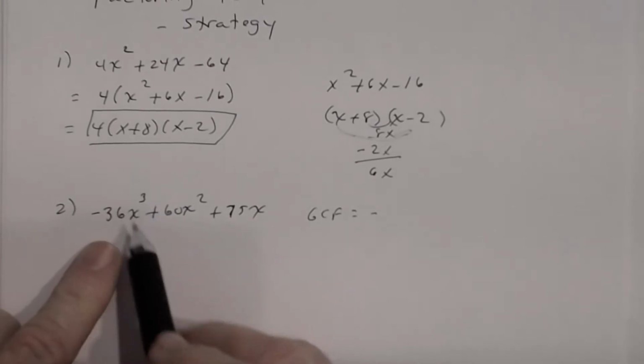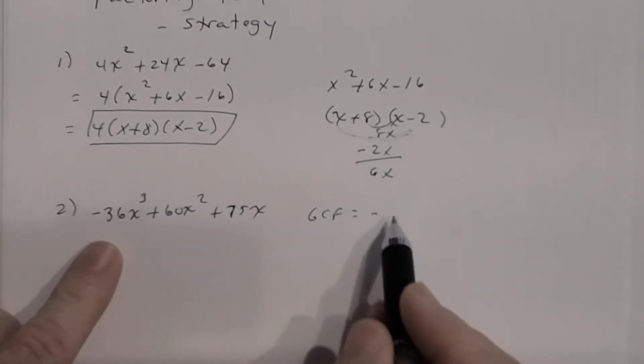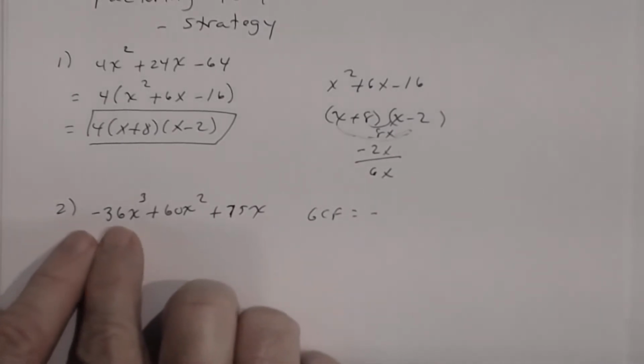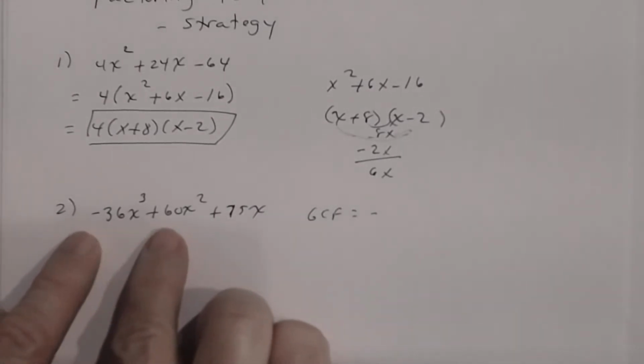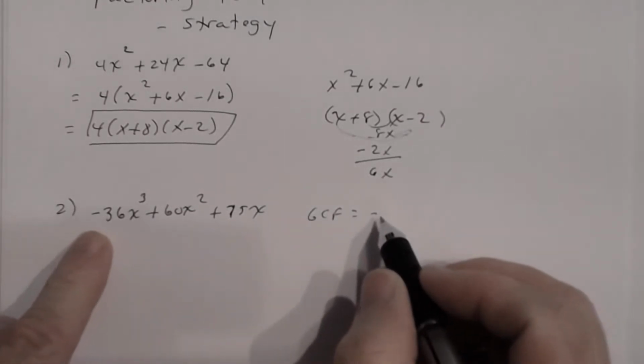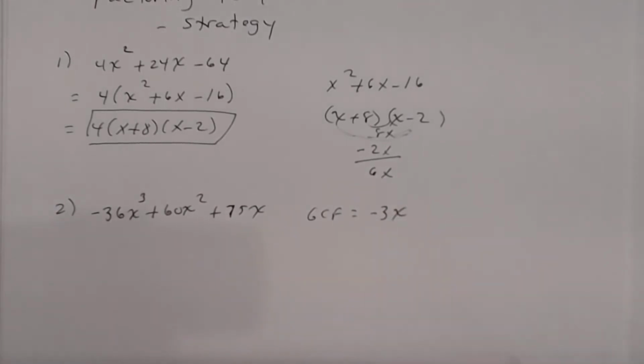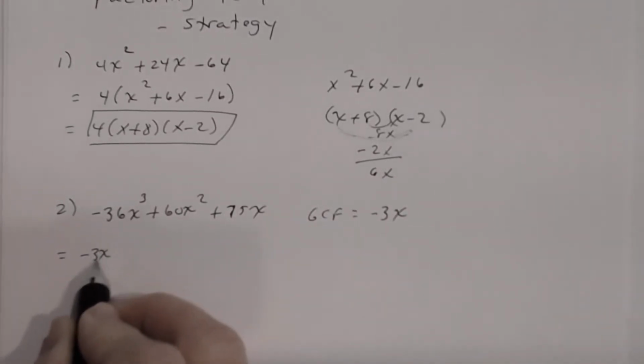So notice I have 3 factors of x here, 2 factors of x here, 1 here, so I'm going to factor out just 1. And in terms of my coefficient, negative 36, 60, and 75, the greatest common factor of those 3 numbers is 3. So I'm going to go ahead and factor out a negative 3x.